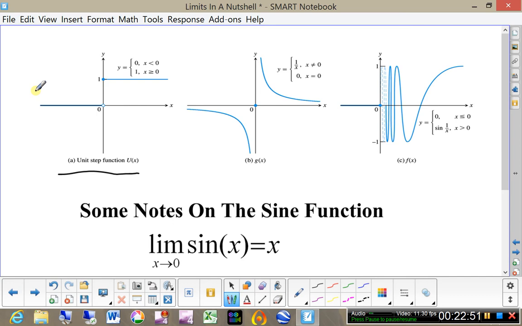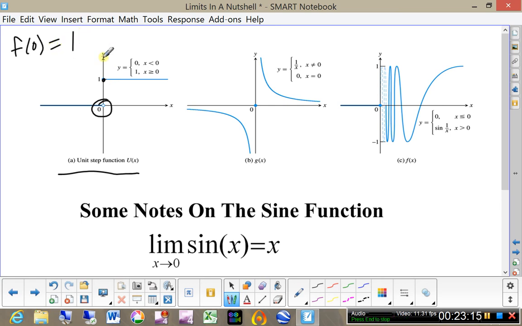You can see on the left hand side it's 0, on the right hand side it's 1. There's a hole in the graph here. F of 0, because you have a heavy dot there, is equal to 1.